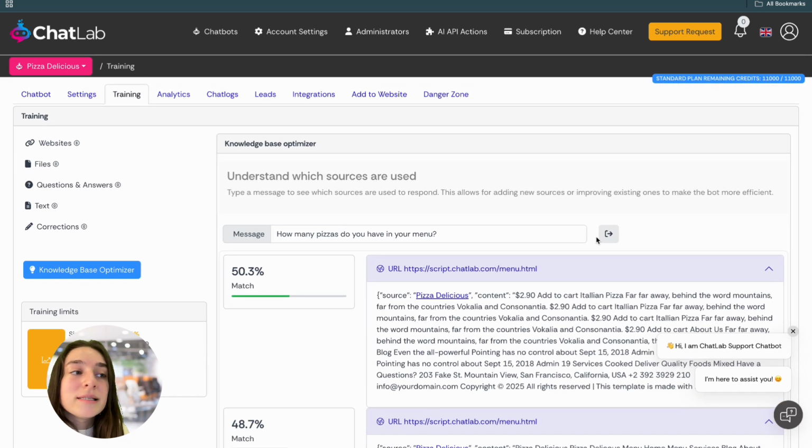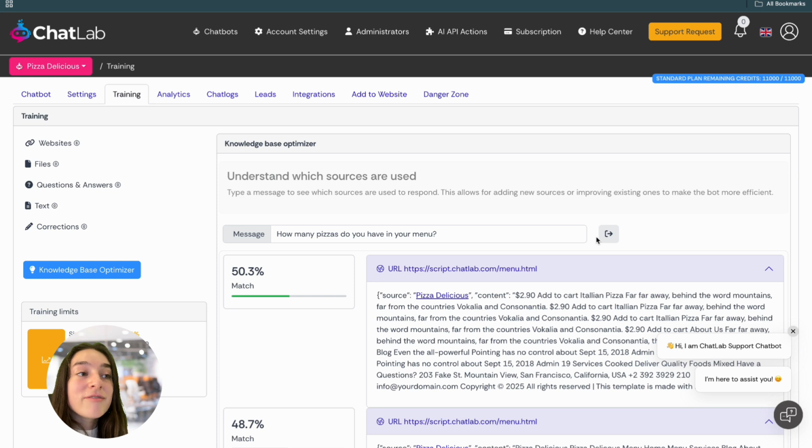It could be that the knowledge on the website or in the documents is missing proper labels, captions, or headers. So the chatbot cannot match it properly with the user's question. So in this case, it would be good to add some labels in the documents or in your website that would help the chatbot to find out the answer to the question.